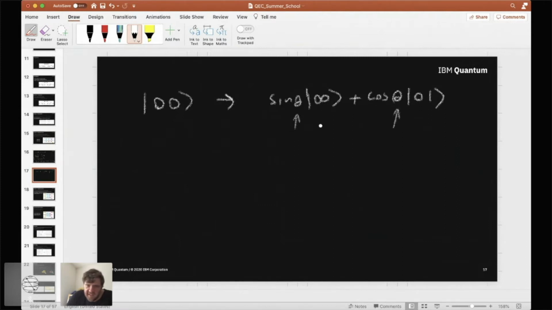Now, if we were to take this and do one of these parity measurements, so introduce another qubit and ask whether it's the same or different, then if it comes out same, it collapses down to this, and if it comes out different, then it collapses down to that.